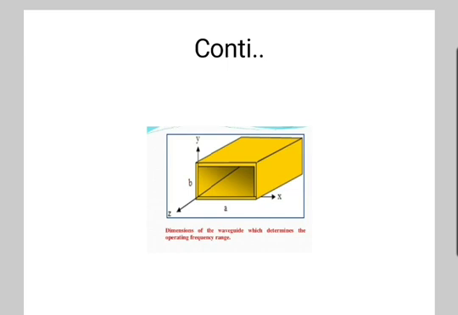Lambda g is related to the phase constant, and it is expressed as lambda g equal to 2 pi by beta. The wavelength in the waveguide is different than the wavelength in free space. In fact, lambda g is related to the free space wavelength, denoted by lambda 0, and the cutoff wavelength, denoted by lambda c.